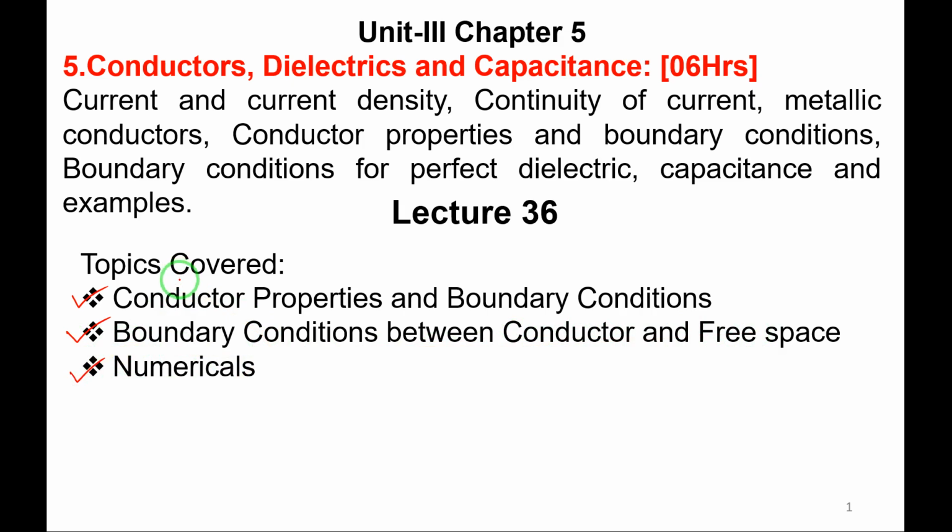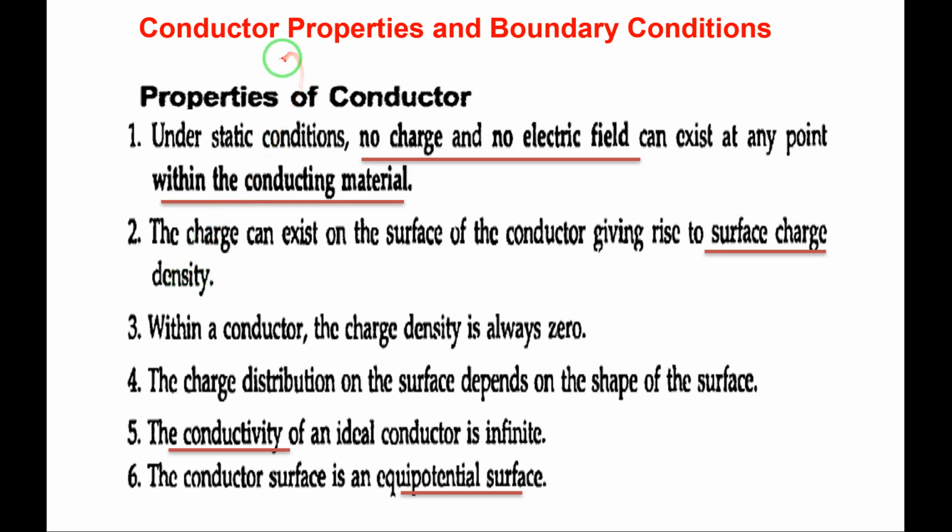We'll start with the properties of a conductor, which you already know. Just as a formality, I have listed them here. The properties of a conductor under static conditions: whatever we are studying is not with respect to time varying fields, it is with respect to static electric fields. So under static conditions, no charge or no electric field exists at any point within the conducting material.